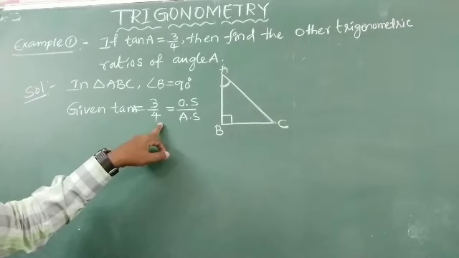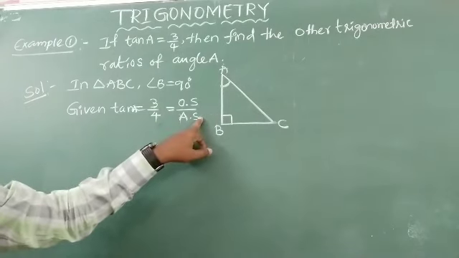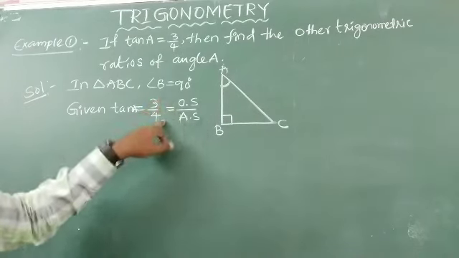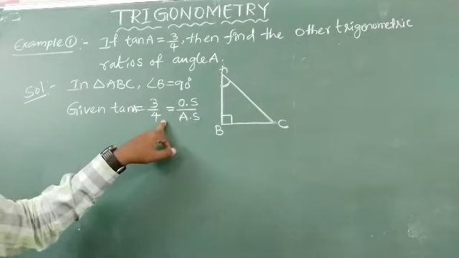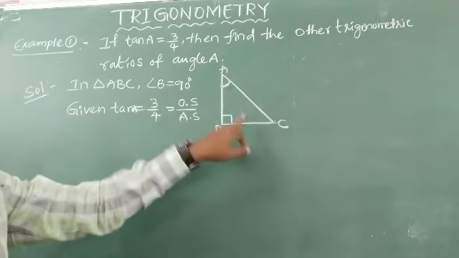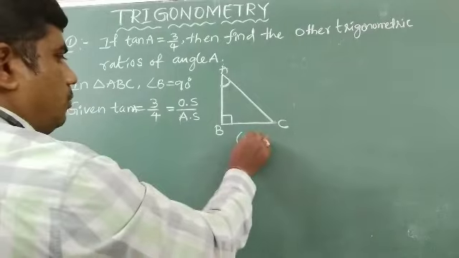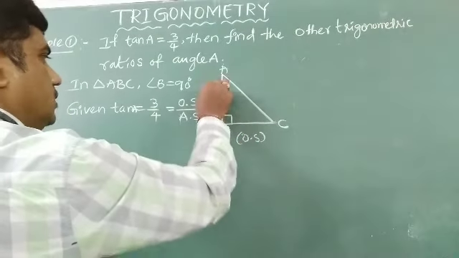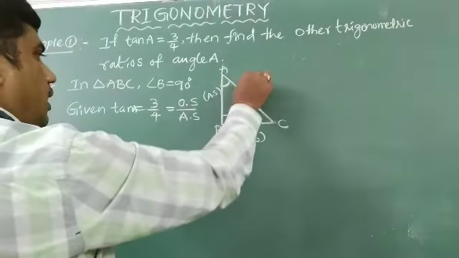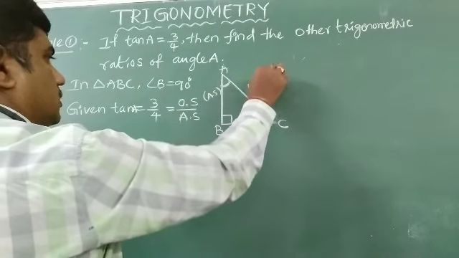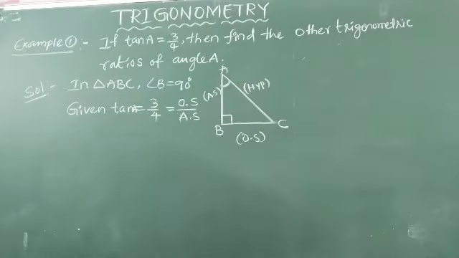So what does that mean? Here the opposite side and adjacent side are in the ratio 3:4. When you take this one as the angle, this is the opposite side, this is the adjacent side, and this is the hypotenuse.